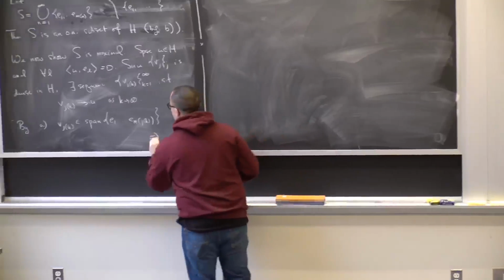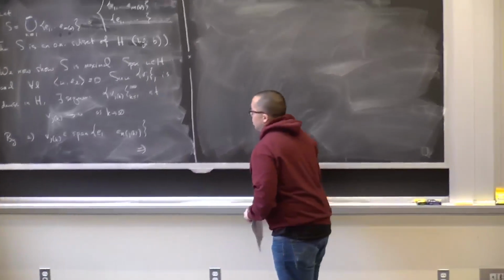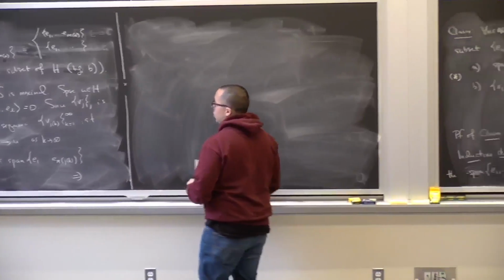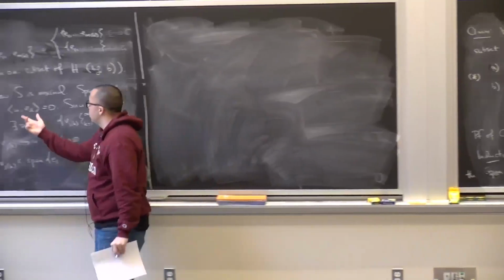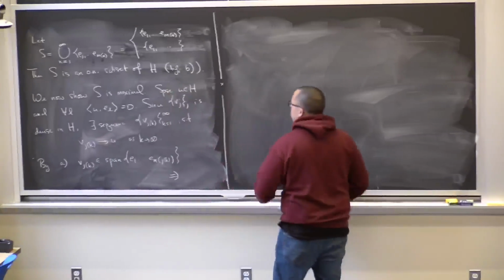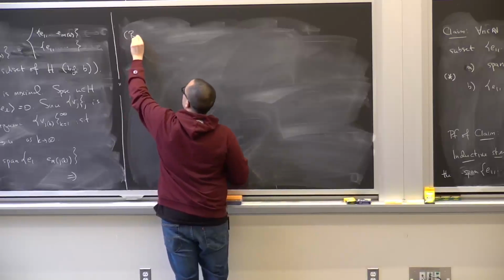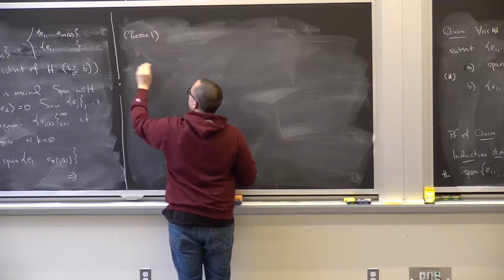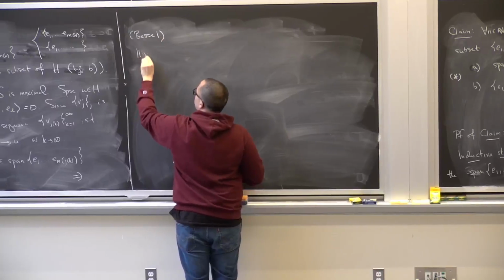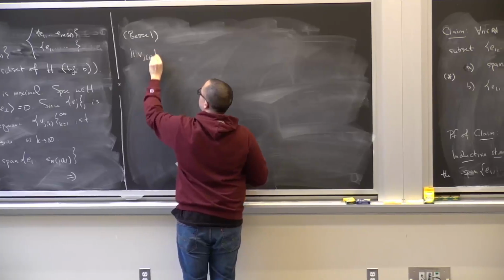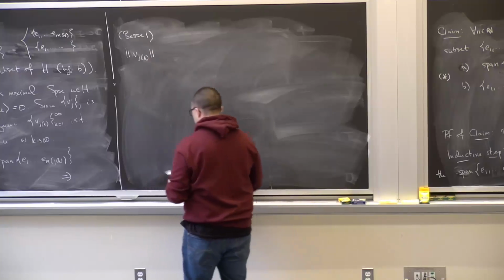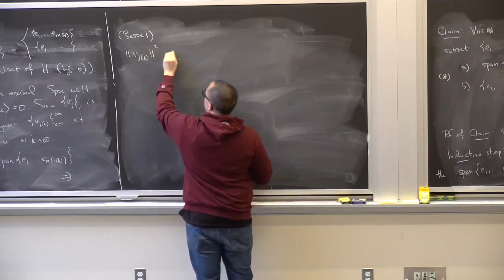And therefore, by Bessel's inequality, and the fact that u is orthogonal to all of these orthonormal vectors, I get the norm of v of j sub k squared.